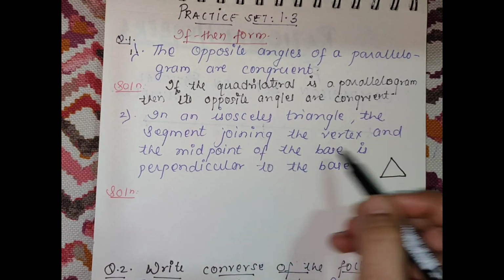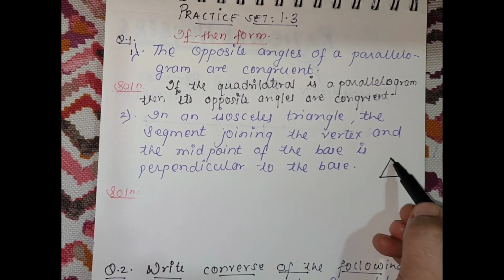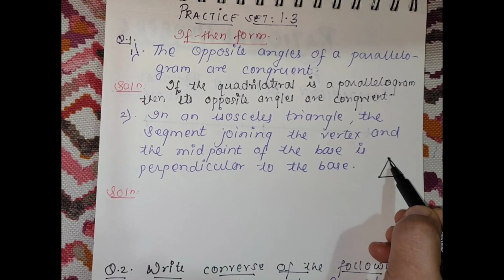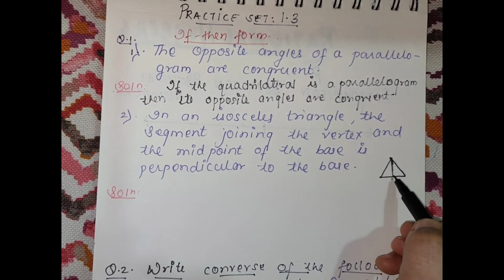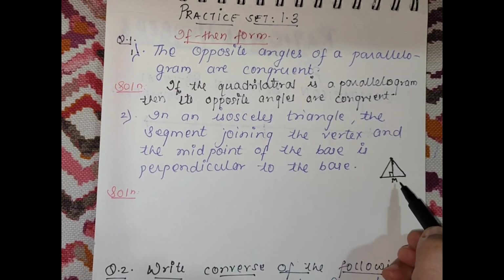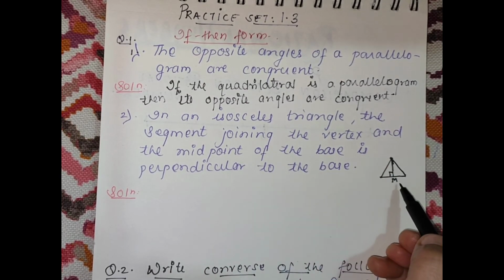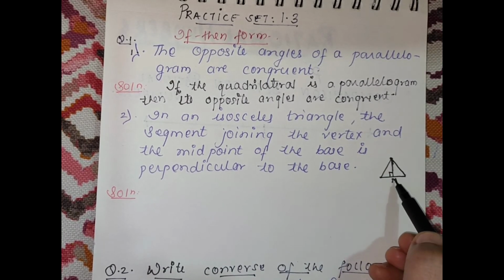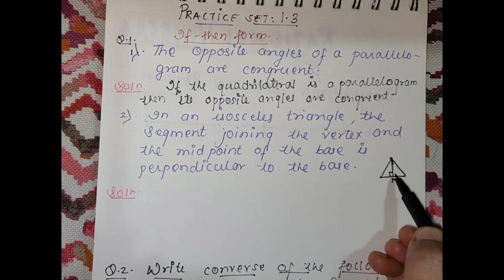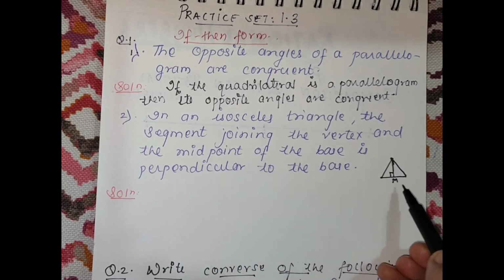So in an isosceles triangle, the segment joining the vertex and the midpoint of the base, this is the midpoint, is perpendicular. This is the actual statement.